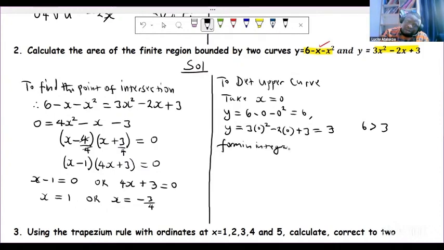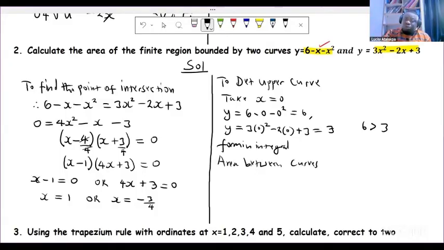Forming the integral. The area between the curve, A, will now be the integral. So this is where your limit now comes in. Upper limit is 1, that x will be 1.